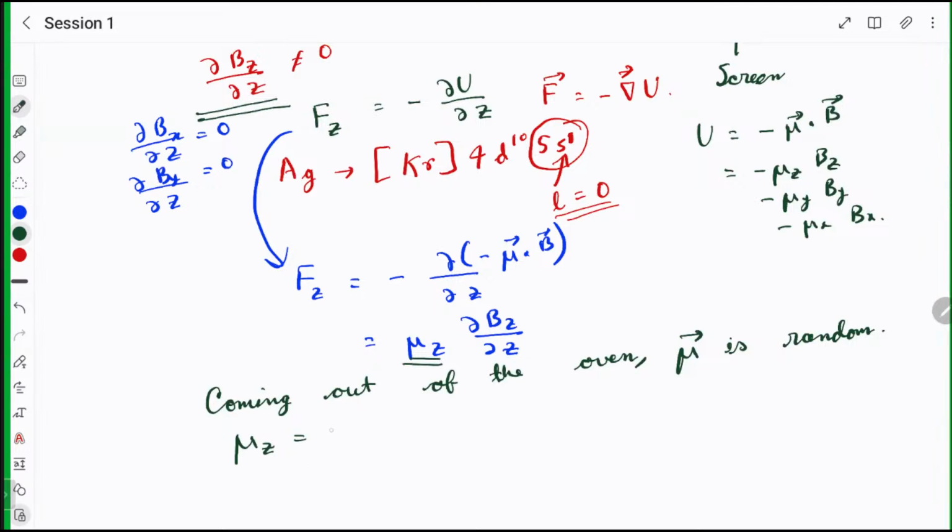So if the mu vector makes an angle theta with the z direction, let's say z hat, then mu z will just be mu cos theta, right? And since the direction of the mu vector is random, theta can be anything from 0 to 2 pi.